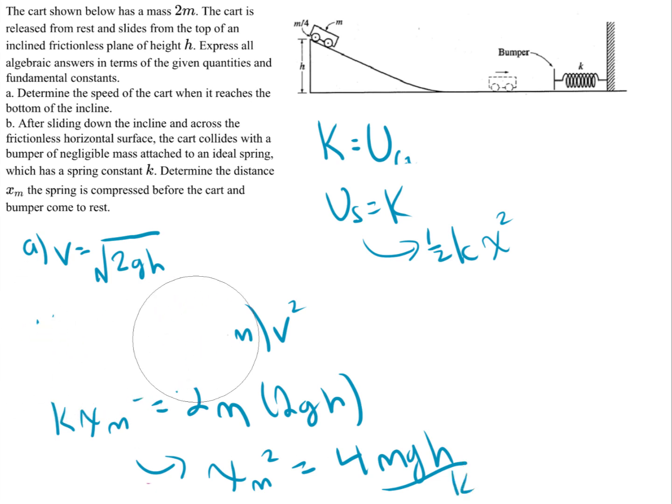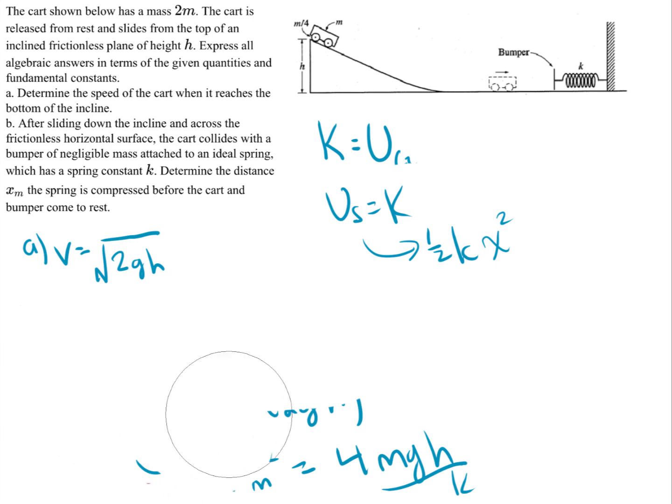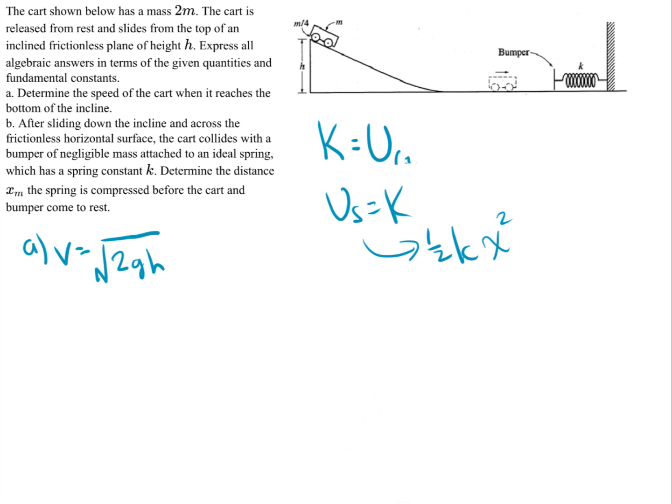So make some more room. Distance it is compressed squared equals 4mgh divided by k.